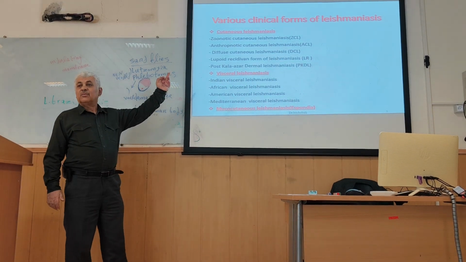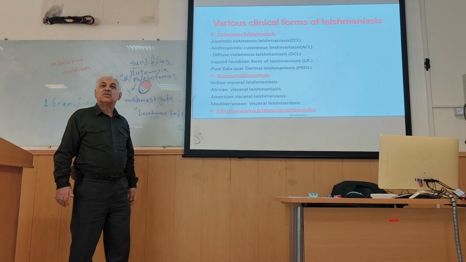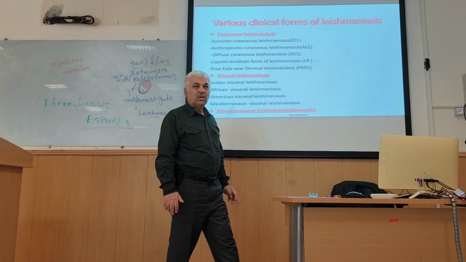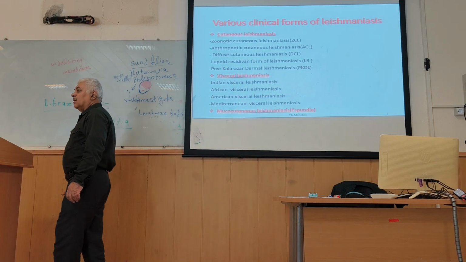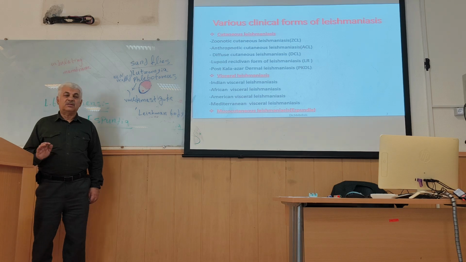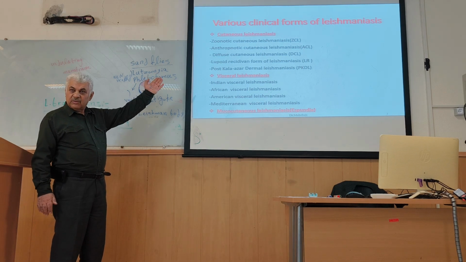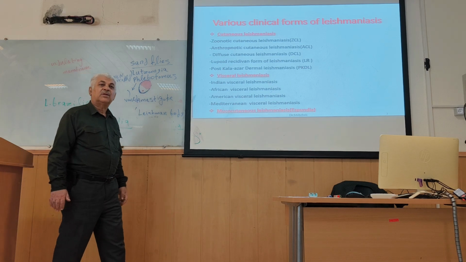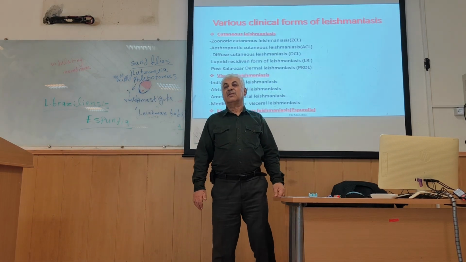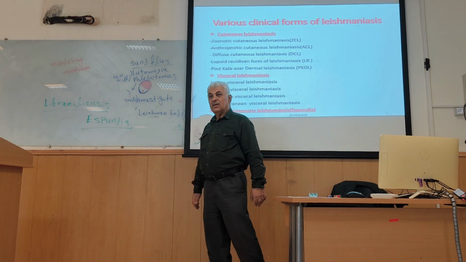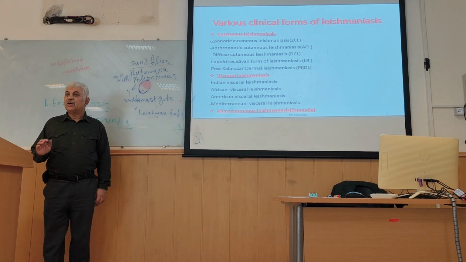The second form is anthroponotic cutaneous leishmaniasis, produced by Leishmania tropica, and infected humans are the reservoir host. The third group, diffuse cutaneous leishmaniasis, is caused by Leishmania aethiopica, and the principal reservoir host is the hyrax, an animal similar to a rabbit that lives in Ethiopia.